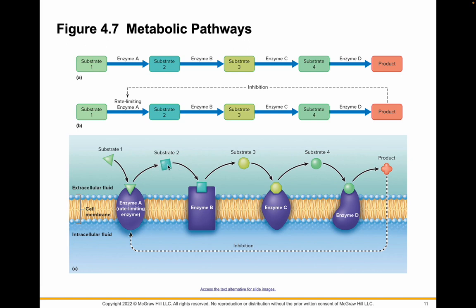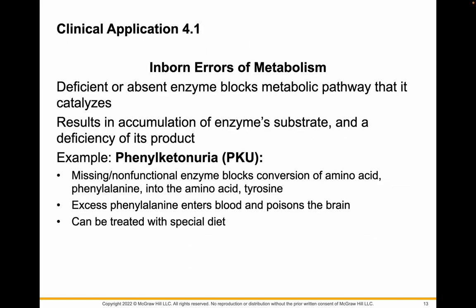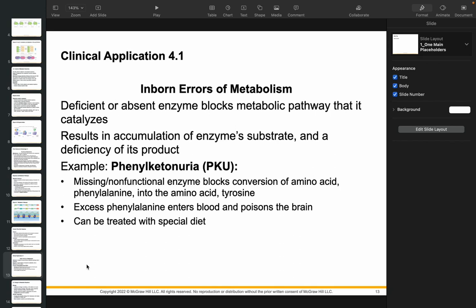So substrate 2 is the product of enzyme A, but the substrate for enzyme B. And this just continues. And usually the end product will be an inhibitor to one or more than one enzyme to stop the process because you have enough product. And that's all on enzymes.